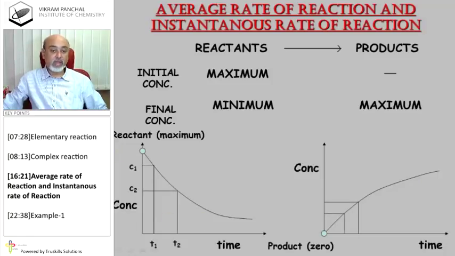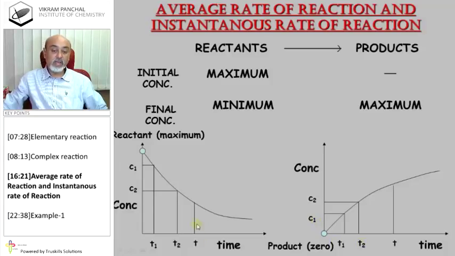Then we can decide any two concentrations on this graph, C1 and C2. So we can extend this line and find out T1 and T2, that means the time required for these concentrations C1 and C2. Similarly, here you can select two concentrations, C1 and C2, and with respect to this we can find out times T1 and T2.